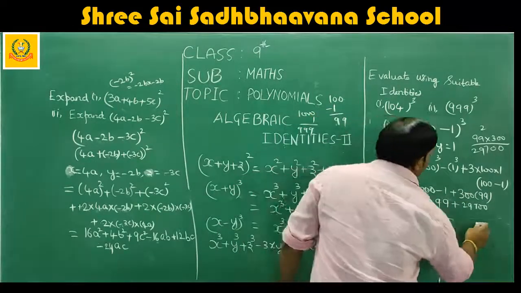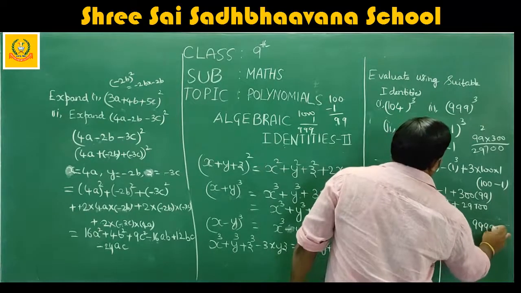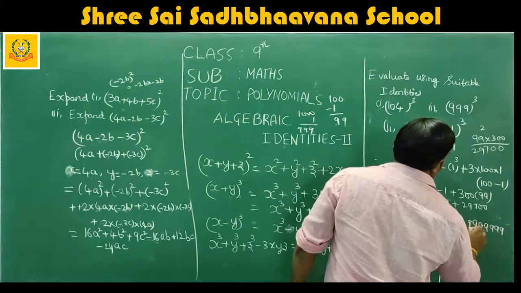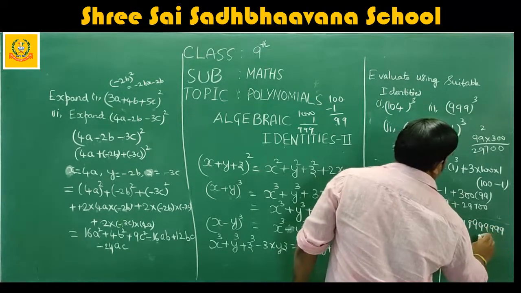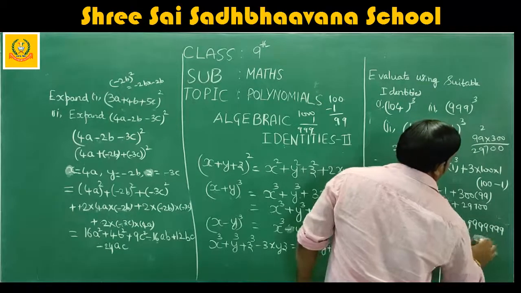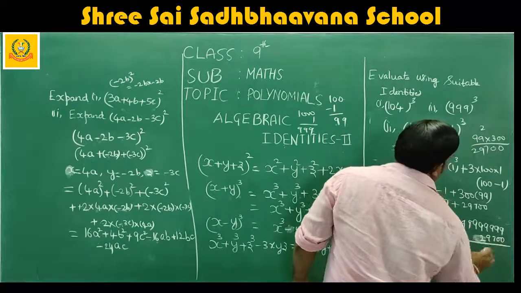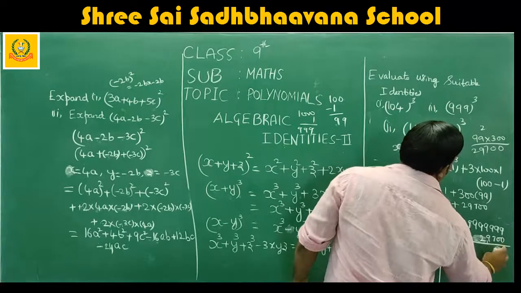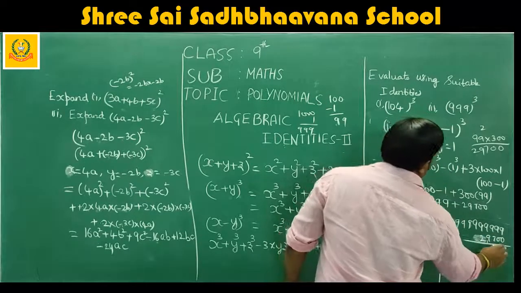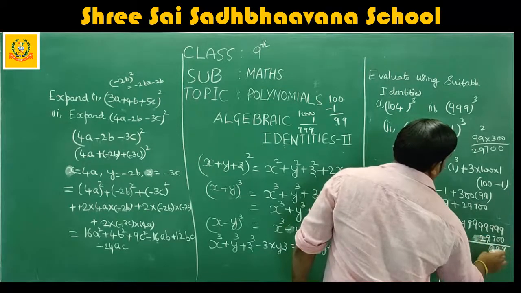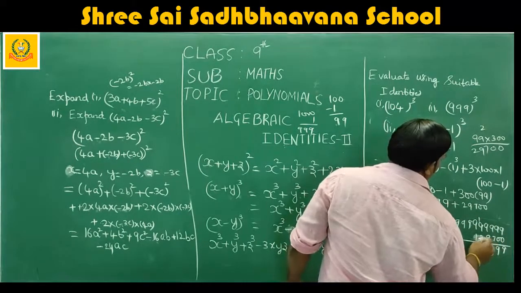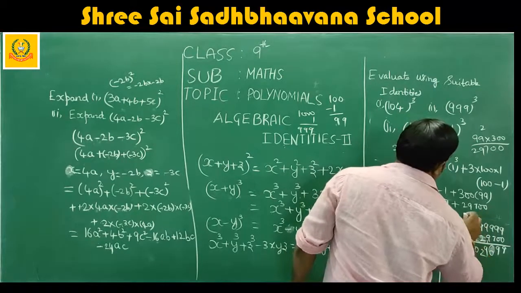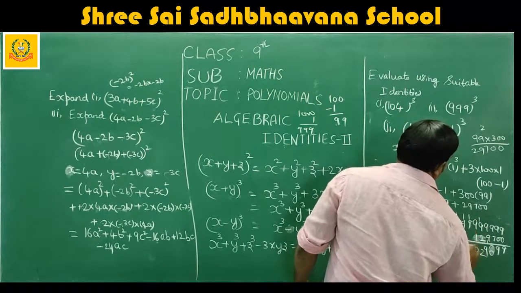So that plus 29,700. So you write 9 nines, and 29,700. Just add it. 9 plus 7, 16, and 9 plus 9, 18, 19, and 12.